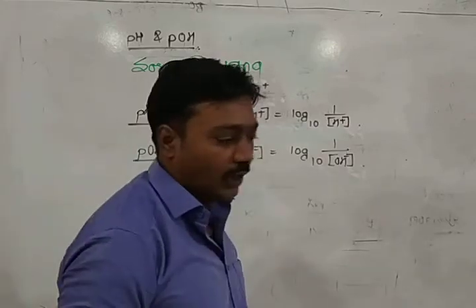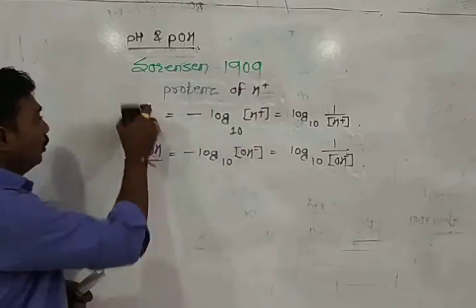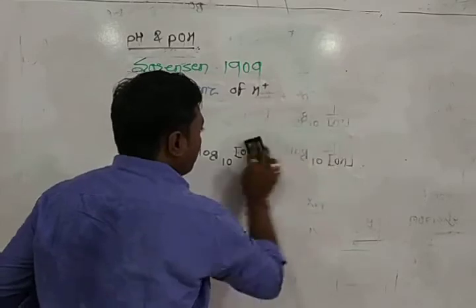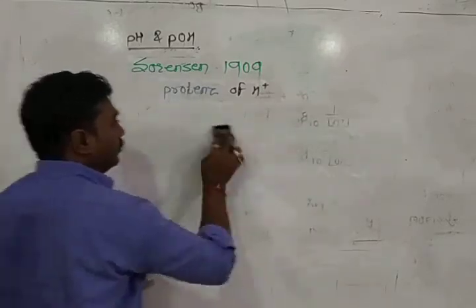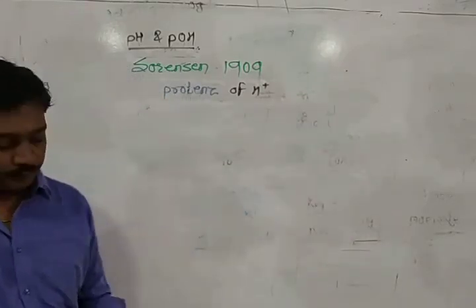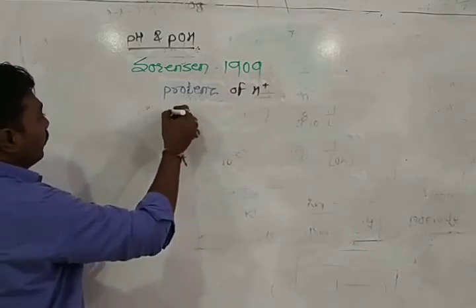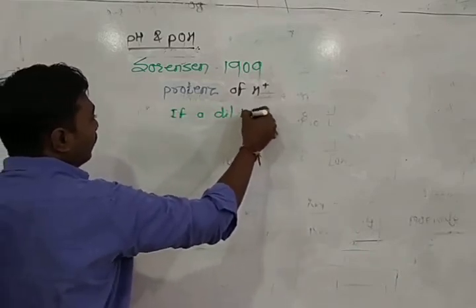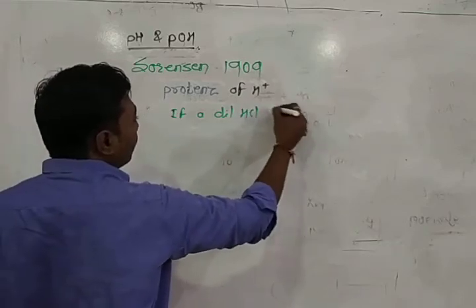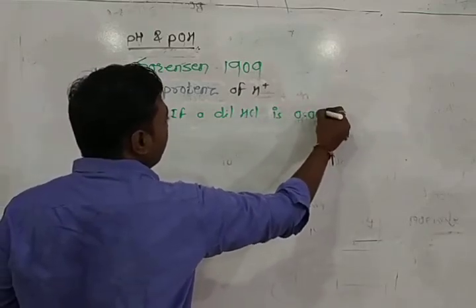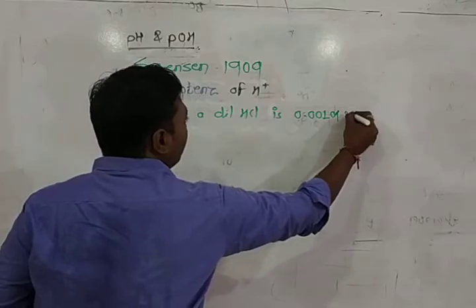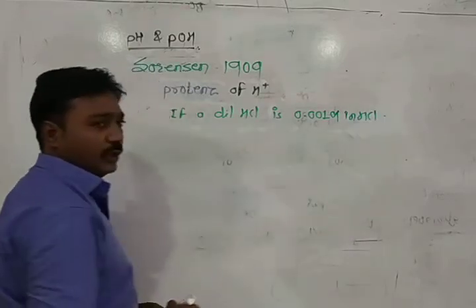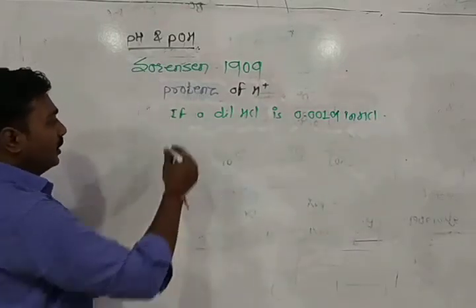Now, how does it work? If a dilute HCl is 0.001 molar, then what is the concentration of H plus?